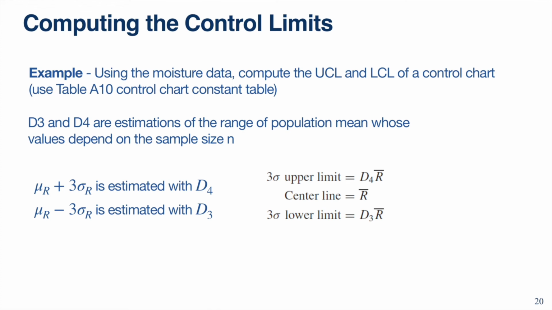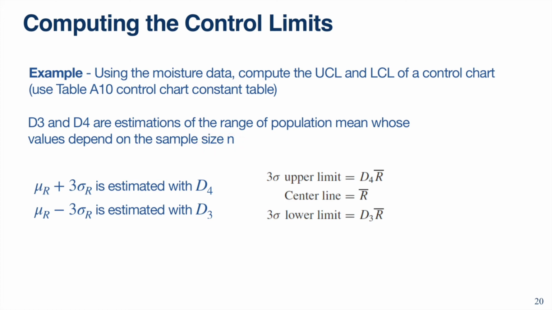How do we compute the upper and lower control limits? We use Table 8.10, the control chart constant table. D3 and D4 are estimations for the R chart, whose values depend on the sample size n.